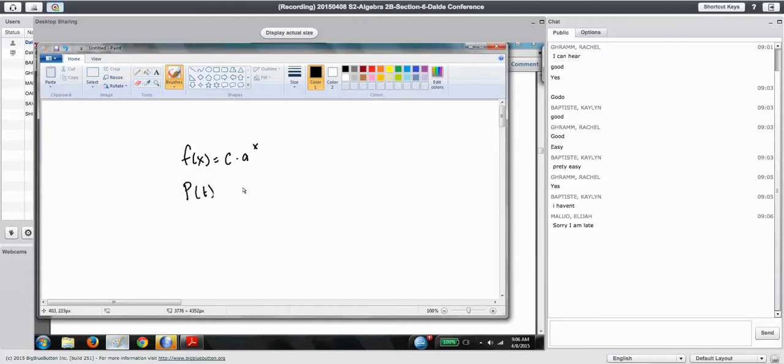It still has the same form. We just changed the letters a little bit. The reason why we changed the letters is I'm assuming that capital P stands for plants, the number of plants as a function of t instead of x, because we're dealing with time. So in order to be more descriptive with the letters we're using, we changed the letters to be applicable to the problem we're doing. Does that make sense to you? Yes, we're good. No, we're not.